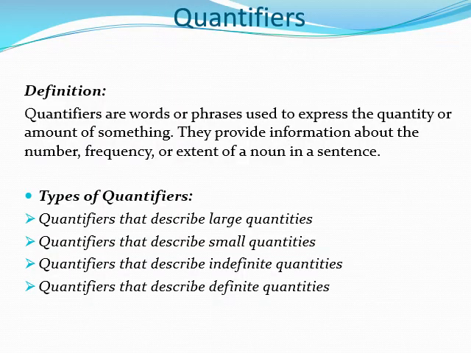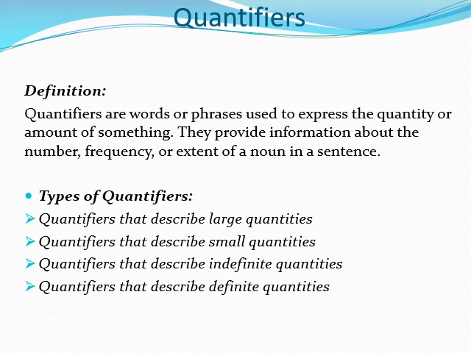And we'll start off our grammar portion this week with quantifiers. Definition. First, I'll read the definition. Quantifiers are words or phrases used to express the quantity or amount of something. They provide information about the number, frequency, or extent of a noun in a sentence. So quantifiers, how much, right? The amount.